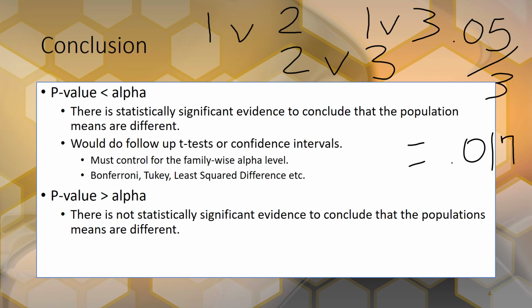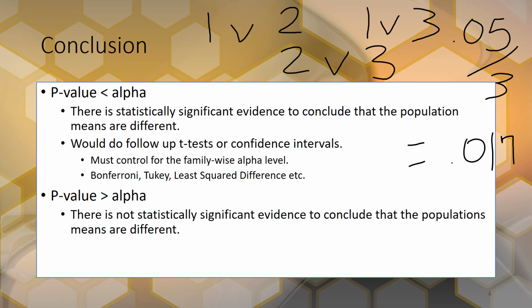And then if your p-value is greater than your alpha level, then you just basically say the same thing, besides you say there is not enough evidence. So pretty much like your t-test, but there's a little bit of difference. So we're going to use an F statistic, and our research hypothesis is going to be different, so our conclusion statement is going to be a little different.